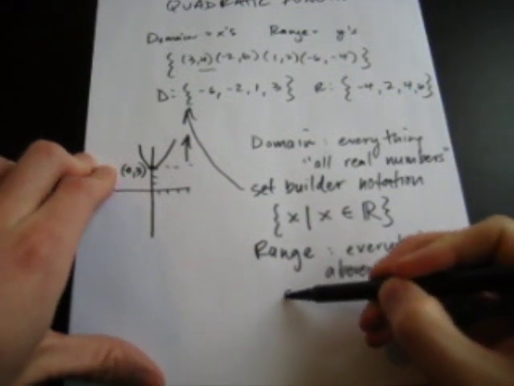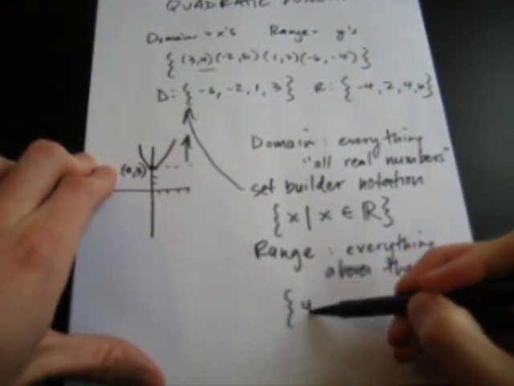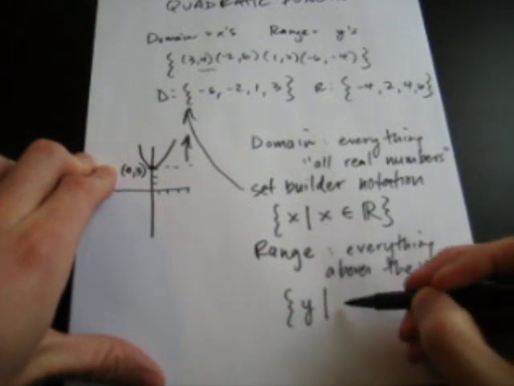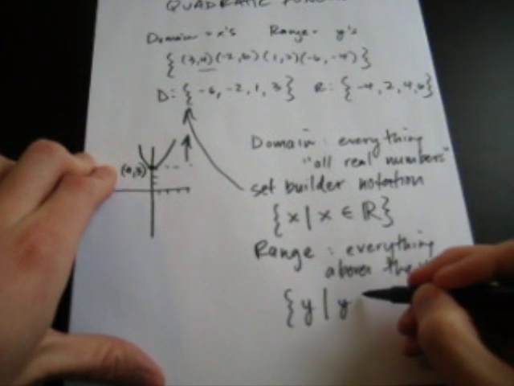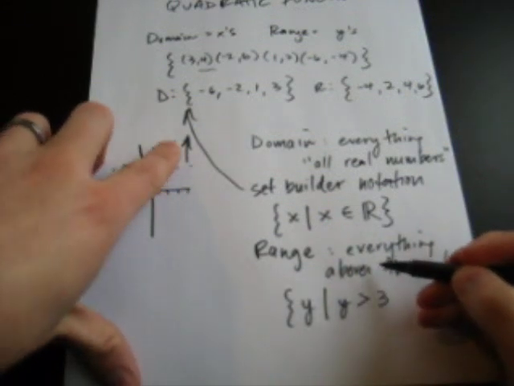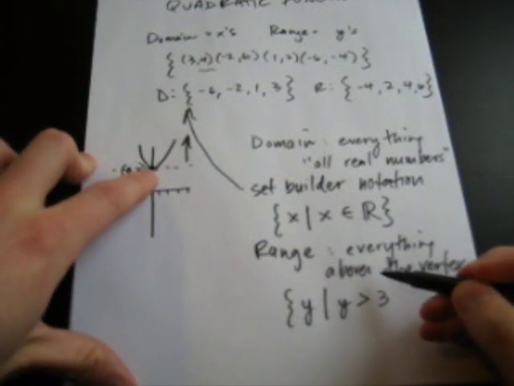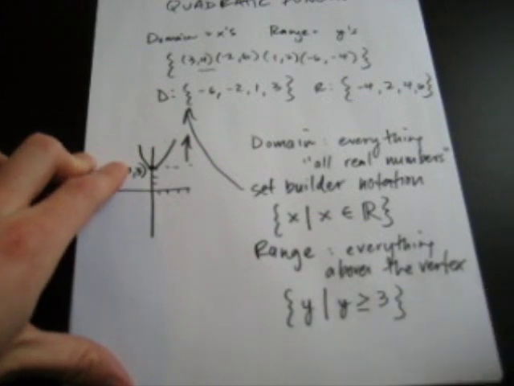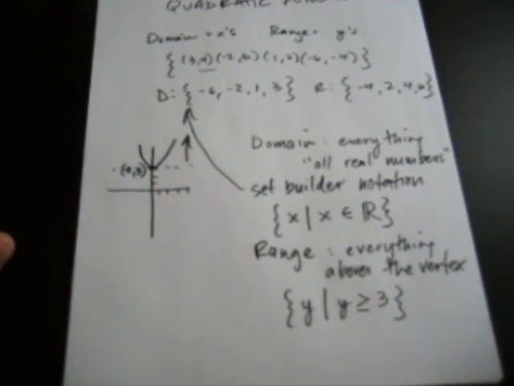If we write that in set builder notation again, it's going to look like y, because we're looking for range. All values of y such that y is greater than 3. That counts for the everything above. And then it could be 3 also, so we say greater than or equal to 3. So if you're looking at a graph, that's how we can look at domain and range.